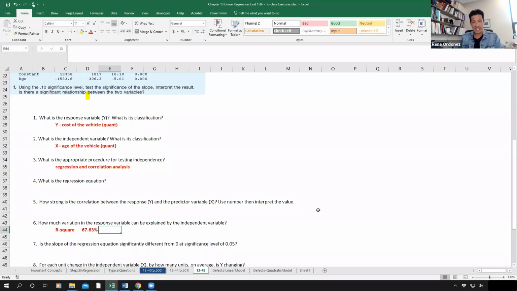Okay, again, the percent of variation in the purchase cost of a vehicle based on its age is about, we can round this up to about 68%. Okay, we can also say that about 32% of the variation in the purchase cost of a vehicle is not explained by age.